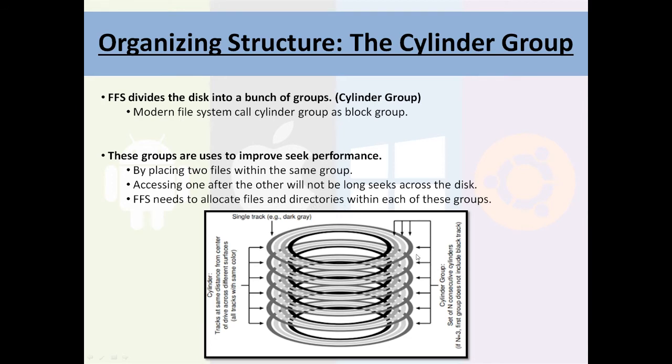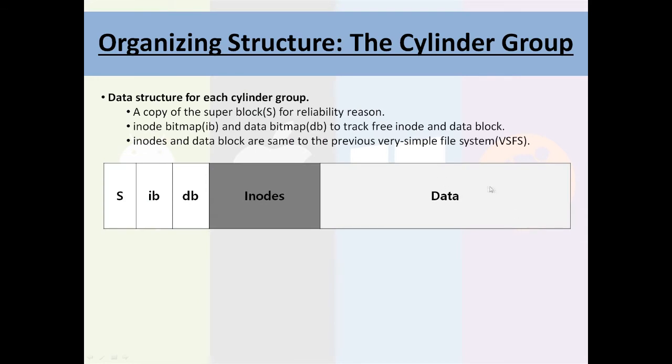What that means is that we have to change our structure up a little bit. Once again, by placing files within the same group, we can improve our performance. But to use these groups to store files and directories, our fast file system needs the ability to place directories and files into a group. Therefore, we need a way of tracking all the necessary information about everything within an individual group.